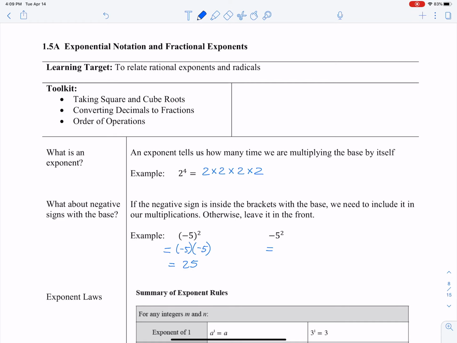What this one is saying is we have -1, so anytime you just have a negative, it means -1, and then 5 times 5, like this. So here we have 5 times 5, this gives us 25, and we just have one negative, so we get -25. Okay.